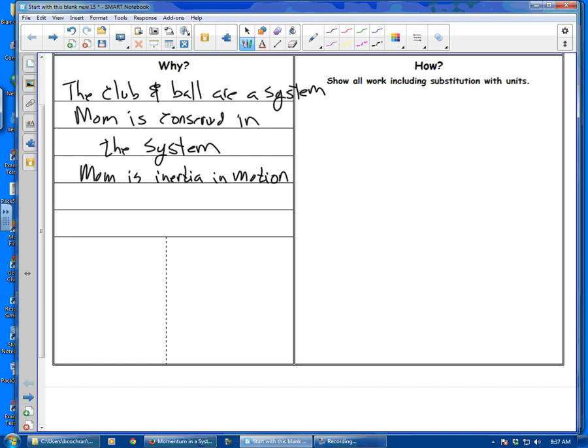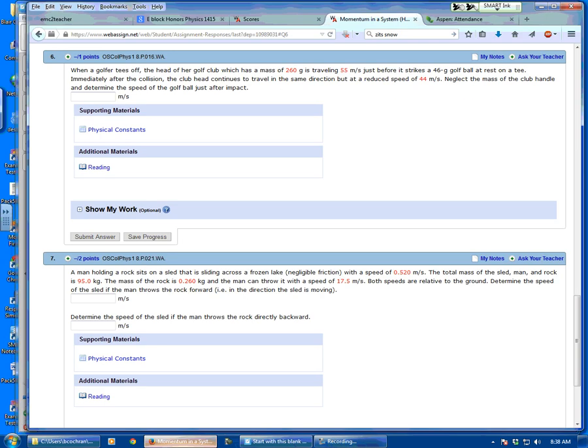My diagram, I have the ball and the club, and then they stay separate afterwards. And let's look at the situation here. Remember, don't be intimidated if you can't draw as well as me.